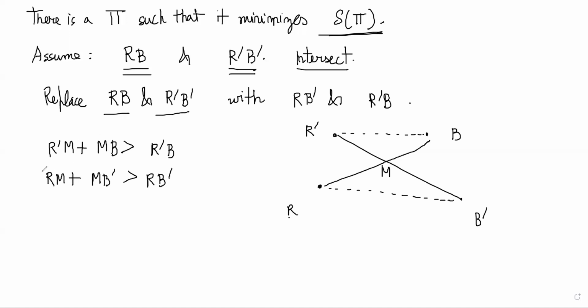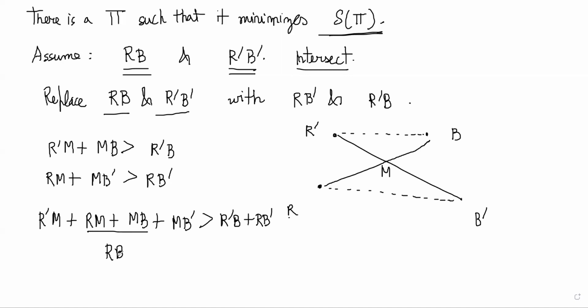So when you add this, you get R dash M plus RM plus MB plus MB dash is greater than R dash B plus RB dash. Now, if you think about it, RM plus MB is equal to RB, and R dash M plus MB dash is equal to R dash B dash. So we are getting RB plus R dash B dash is greater than R dash B plus RB dash, right?